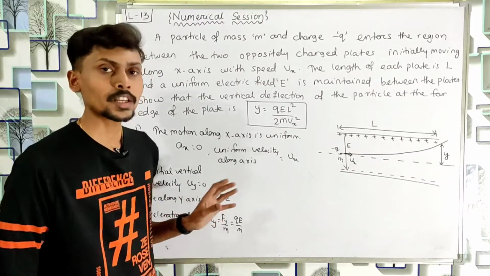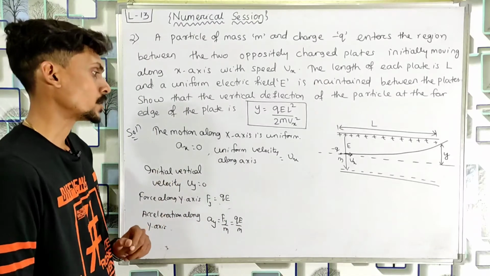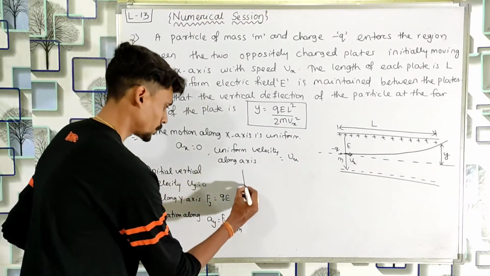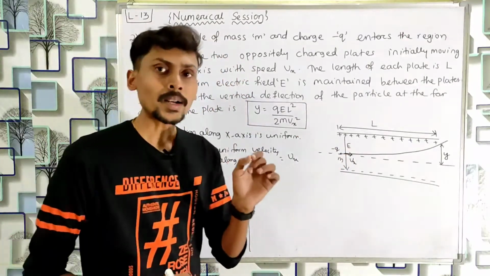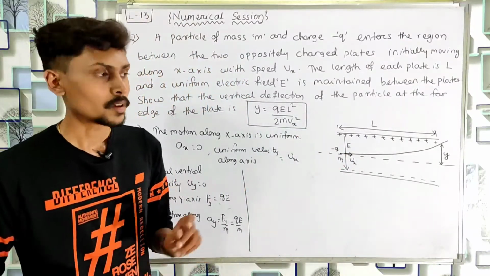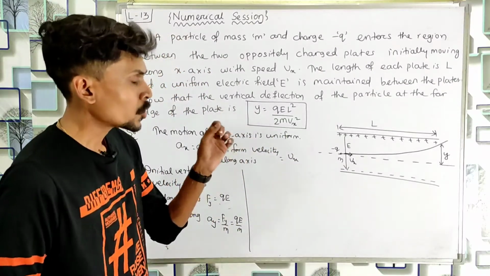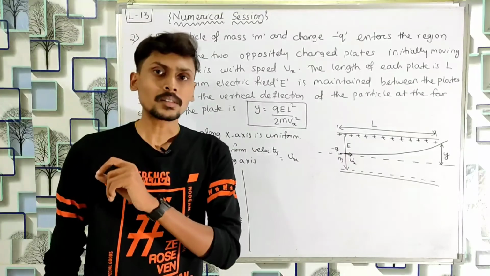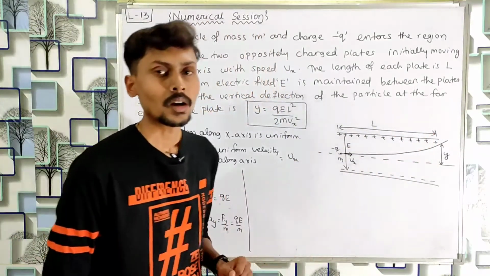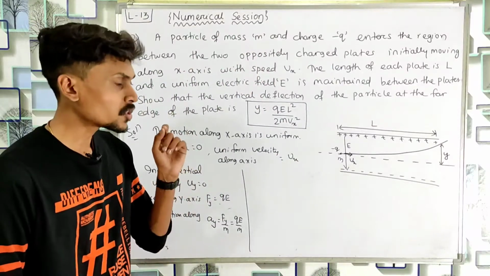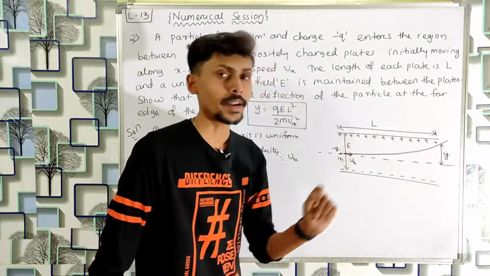So this is the acceleration of the charged particle along the y-axis. Now look at the scenario. The charged particle is having two types of motion, horizontal and vertical. And the question is, how long the charged particle will take to reach at the far edge? How much time will the charged particle take to reach at the far end?